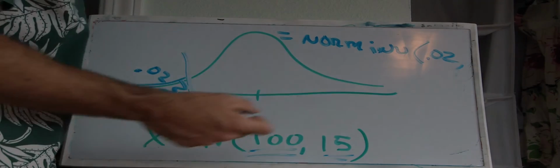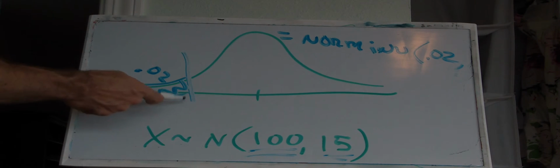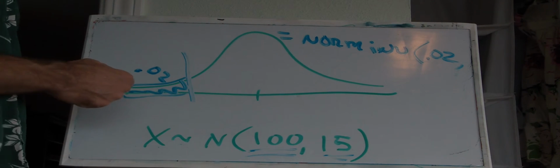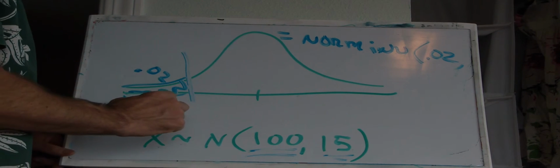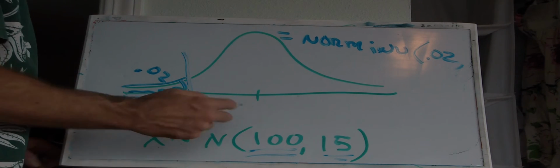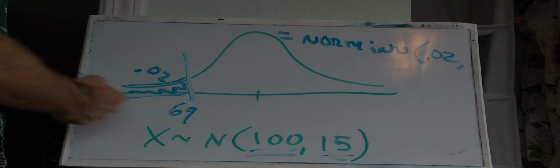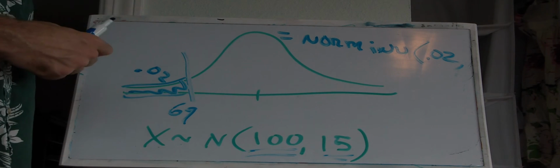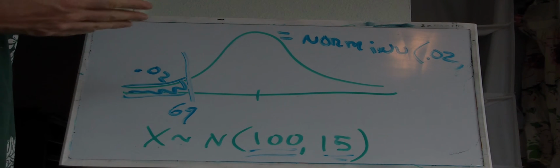With those three values, it'll tell you the value of x that gives you 2% area to x's left. And that should be about 69. So if your intelligence test score is 69 or less, you have qualified for Densa, the Dumb People's Society.